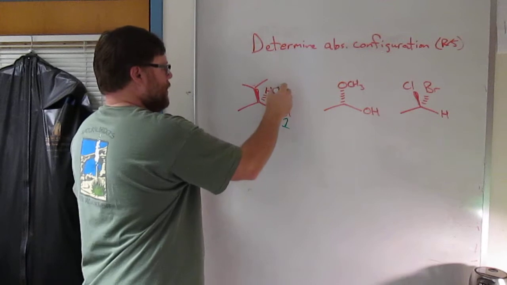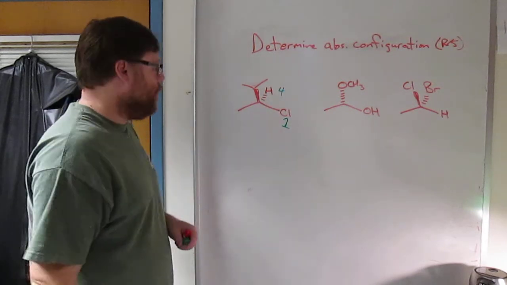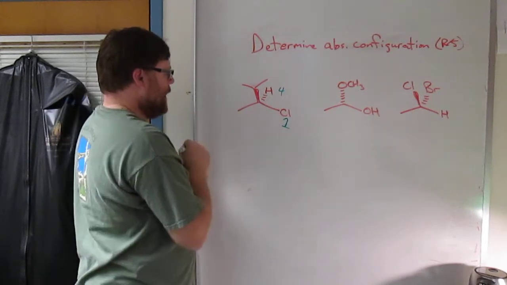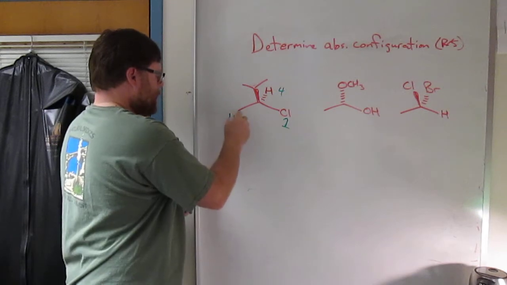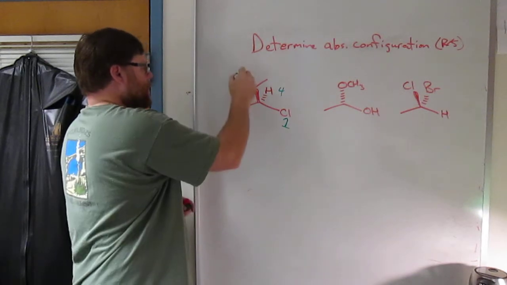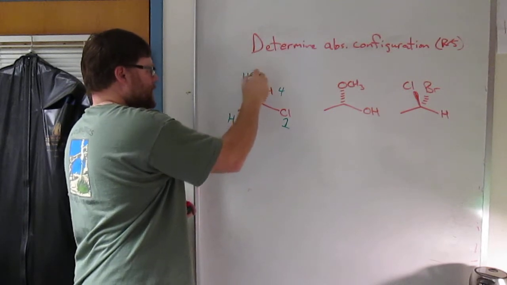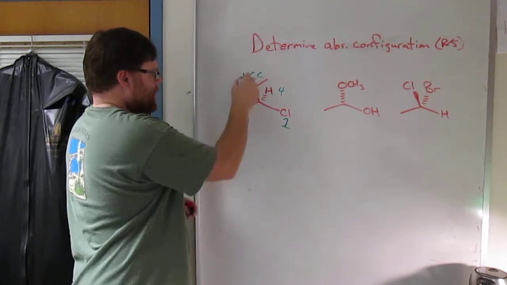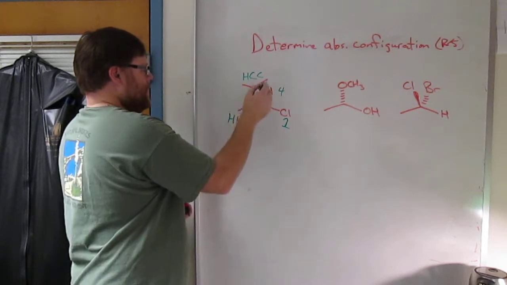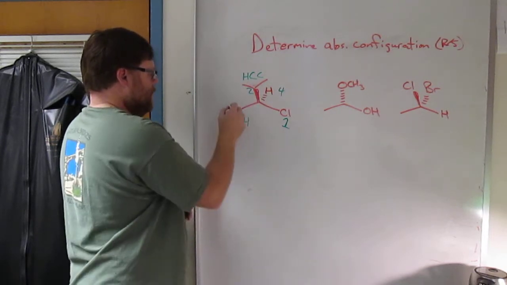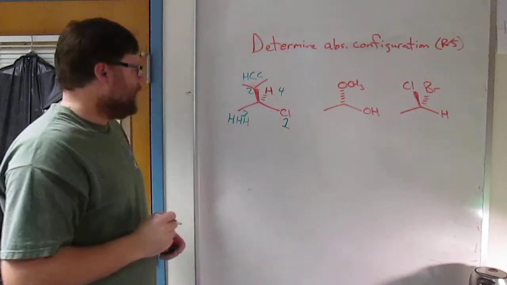Hydrogen is lighter than all of those. It's priority group 4. Carbon and carbon tie. So then look at what they're bonded to. The methyl's bonded to 3 H's. The isopropyl carbon is bonded to an H and 2 C's. 3 H's lose to HCC, so isopropyl is going to be 2, methyl is going to be 3.